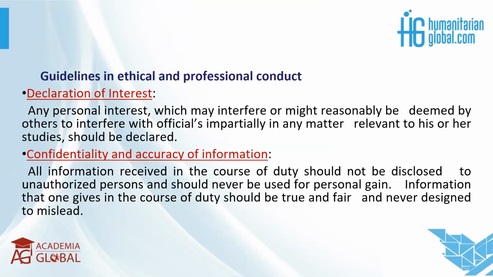Finally, let's talk quite quickly about the guidelines on ethical and professional conduct, and I'm going to highlight four things that we can do as procurement people. The first one is declaration of interest. If your organization has a conflict of interest policy that says you cannot have interest, then you need to declare. I think this is one of the best practices: any personal interest that you may have, if you are a shareholder in organization C that supplies a particular product, then you should declare your interest in that organization.